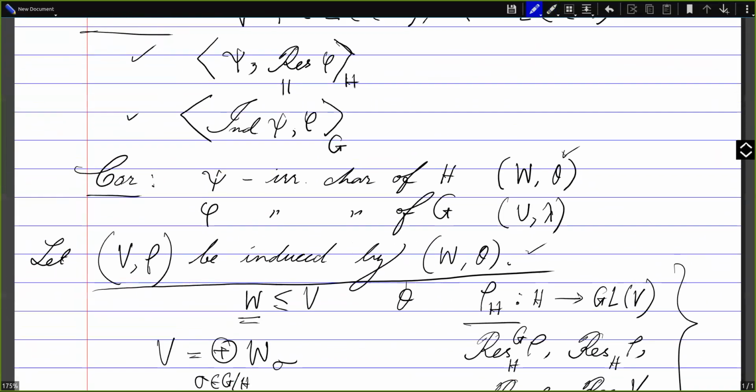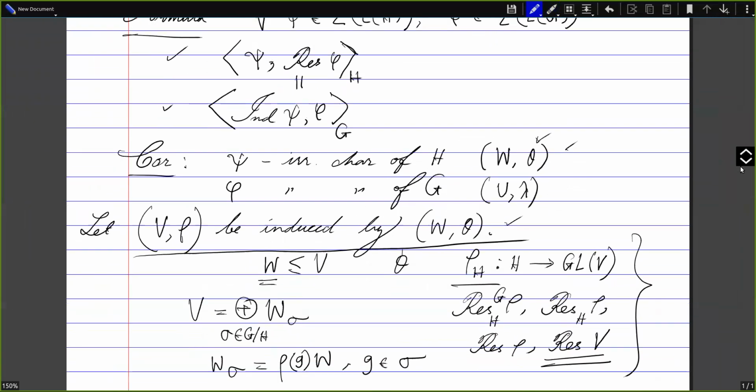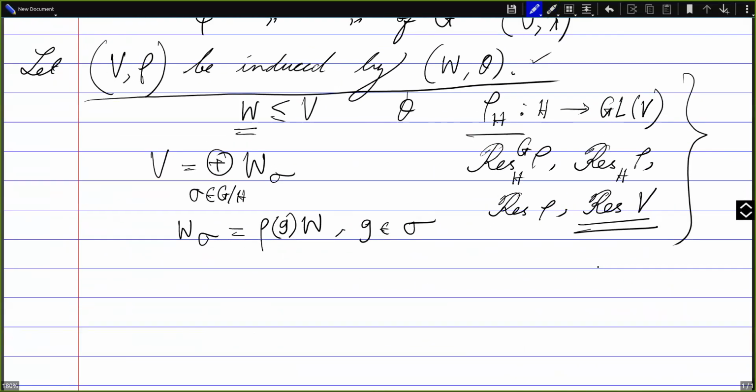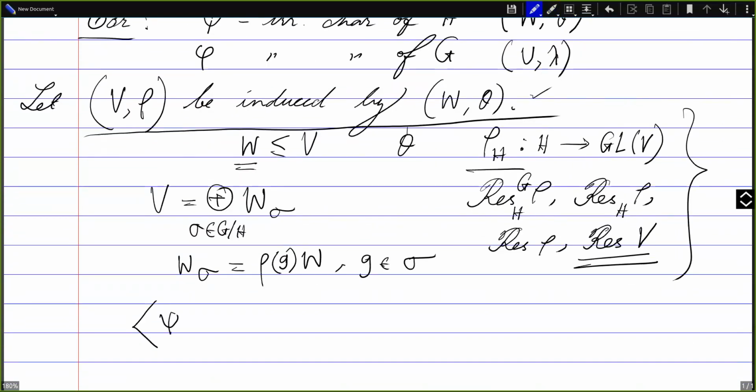So if psi is the irreducible character of this and phi is the irreducible character of that, then what is this actually? The inner product of psi and res phi. What is the inner product of psi and res phi? So the inner product is happening in H.